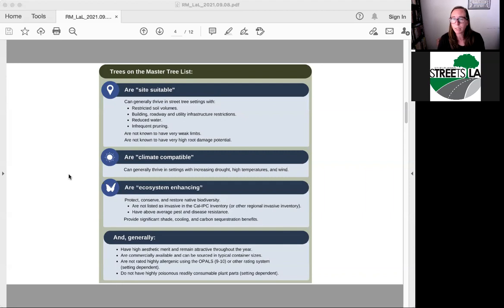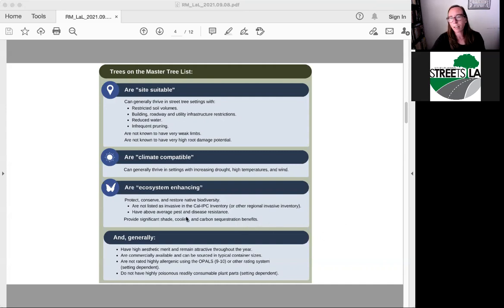We want to avoid plants that are considered invasive and plants that are highly susceptible to pest and disease, as well as looking at those benefits to the humans in this area: significant shade, cooling, and carbon sequestration.